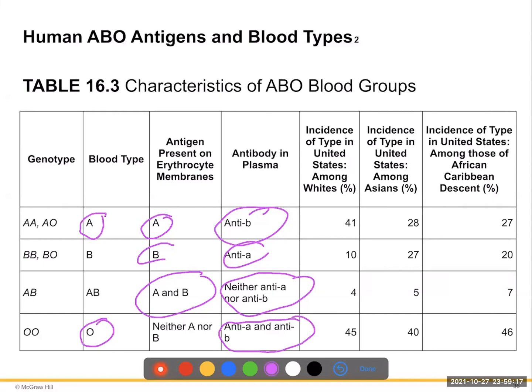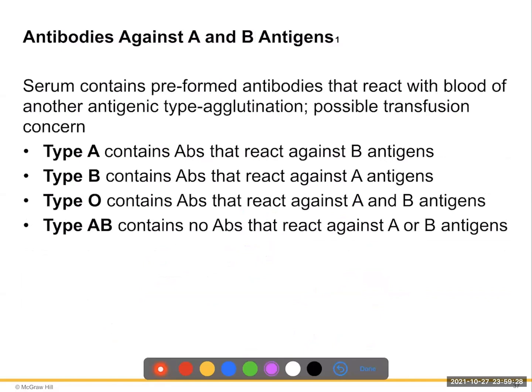Now, the most common types are type A and type O. The least common type is AB. So serum contains these preformed antibodies that react with the blood of another type, causing agglutination, which is a transfusion concern. Type A contains antibodies that kill the B antigen because it's foreign to you.